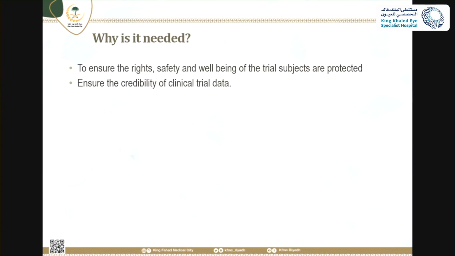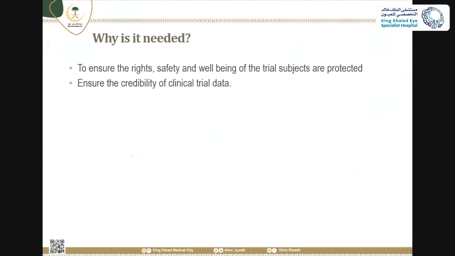Why do we need GCP? Above all, we need GCP to protect the rights, safety, and well-being of research subjects. This is the most important and most critical one. Although the healthcare system and specifically the IRB support the advancement of science, this first goal comes first.